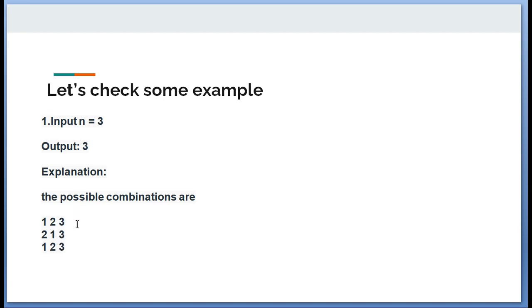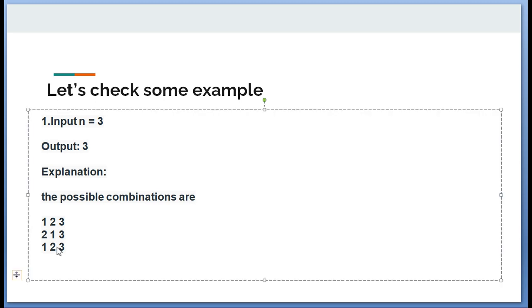Now let's take one example for 3. When the value is 3, let's check the combinations: 1 2 3, 2 1 3, and 1 3 2.